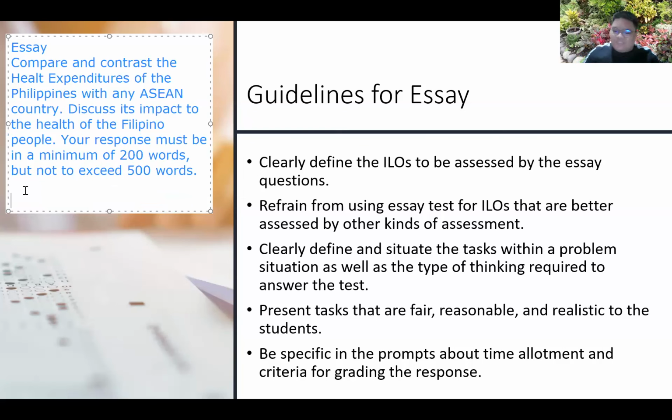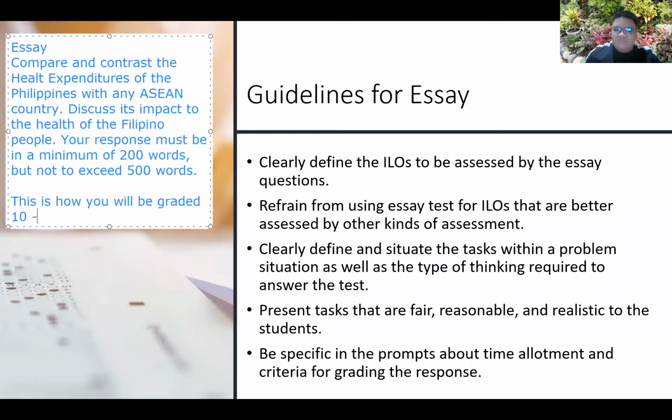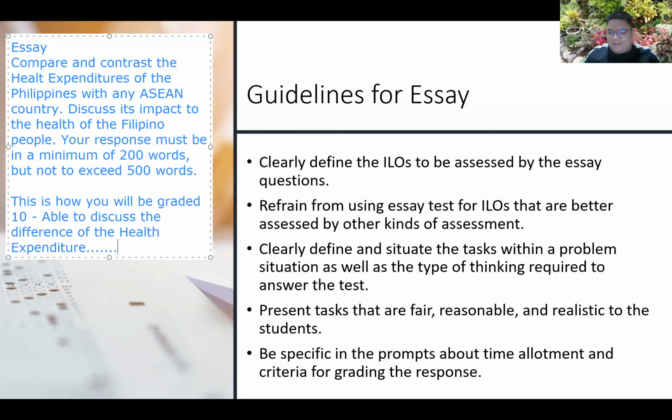Now let's go towards the rubric for grading. You can say this is how you will be graded. Okay? Then, able to discuss the difference of the health expenditure. Halimbawa, gano'n ha.